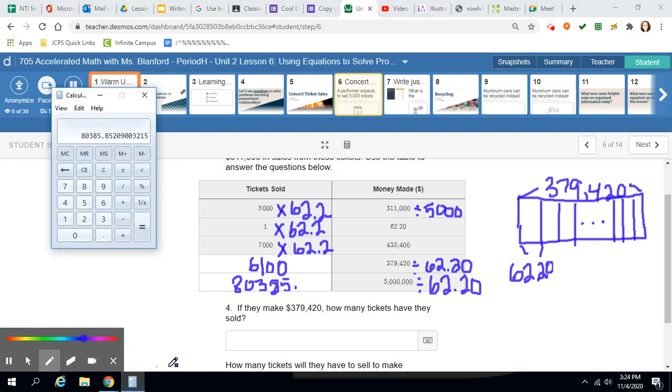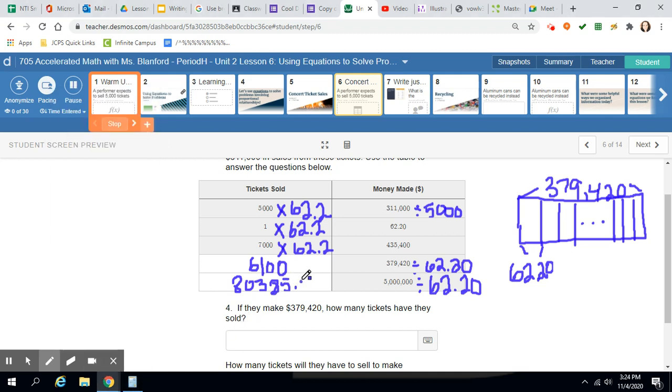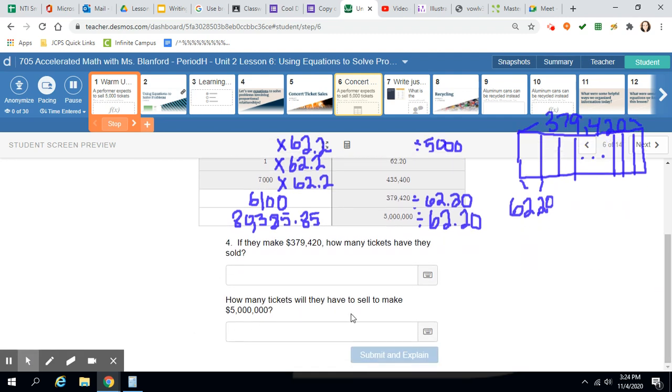And I'm going to write just a couple of these. And we'll say that rounds to about this. Now, okay, so that's true. So that's 80,385 and 85 hundredths of a ticket. All right, cool. Does that answer the question? How many tickets will they have to sell? Maybe some of you are thinking, wait a second, how do you sell 85 hundredths of a ticket, a decimal?